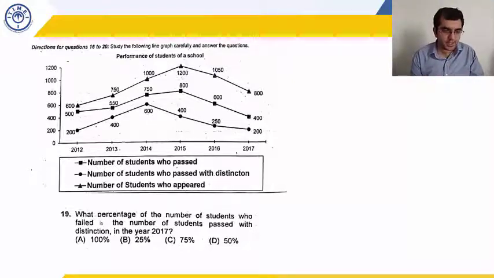Okay. So we want a percentage value. That means we need a numerator and a denominator, and we will multiply by 100.